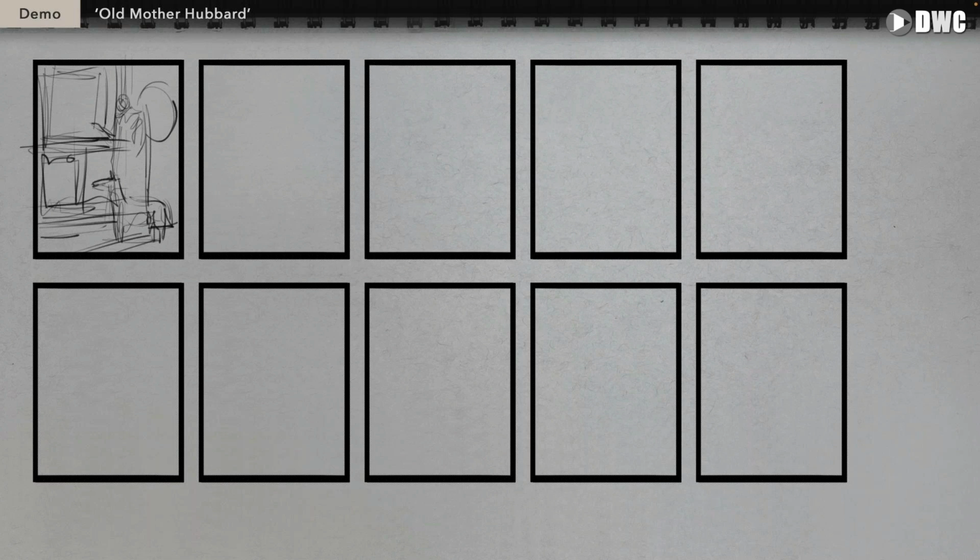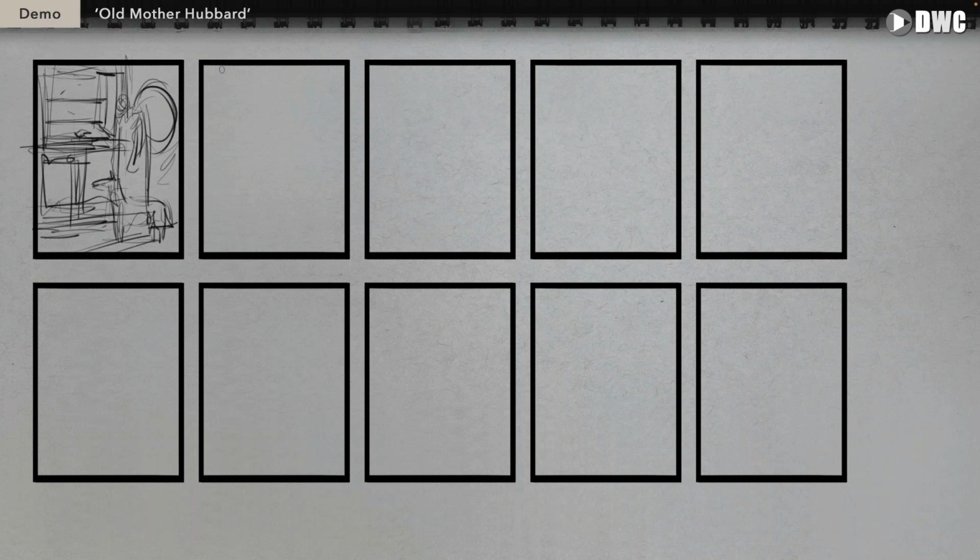I'm going to put a picture here, a picture frame. Oh, it's going to be devastating. That's not bad. So I've got old Mother Hubbard, an empty cupboard, and a dog, and I know my dog looks like a llama.